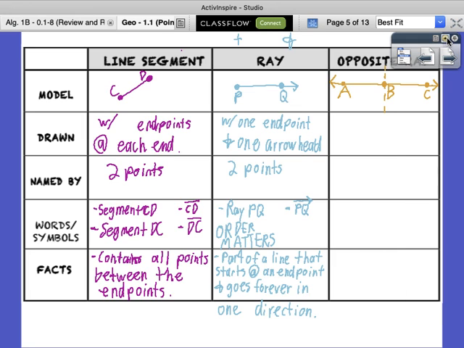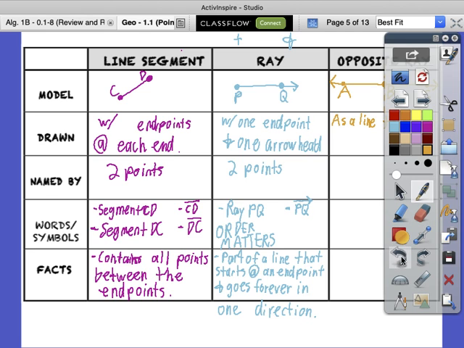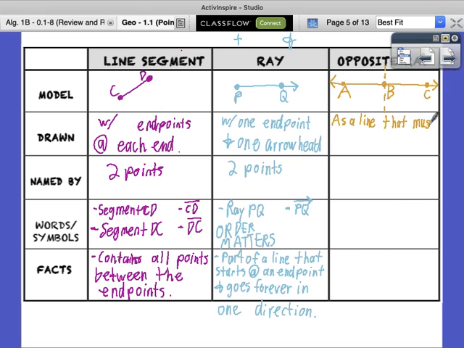Now, when we draw this, it's drawn as a line that must have at least 3 points.